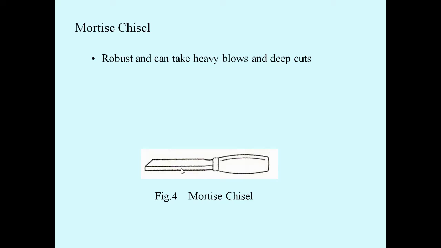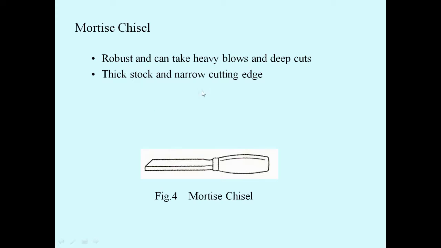If we want to produce deep cuts within the workpiece, with the help of this mortise chisel we can remove the excess material by giving a heavy blow on the handle of the mortise chisel.